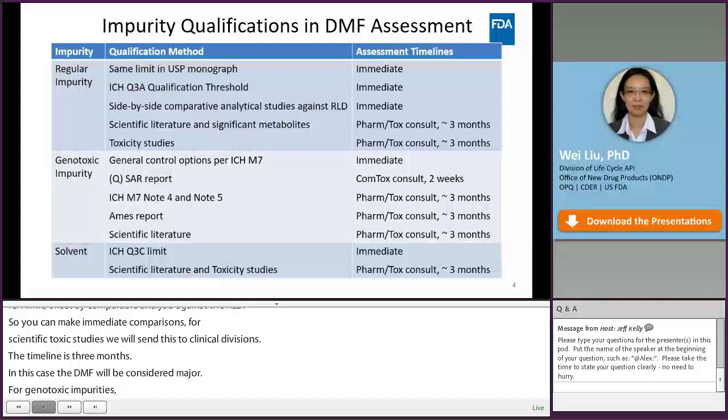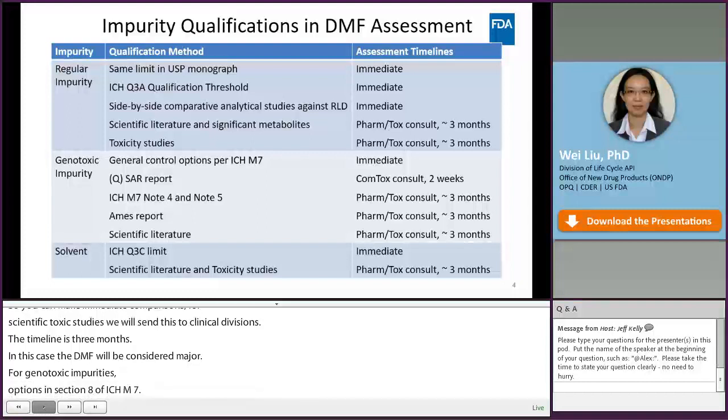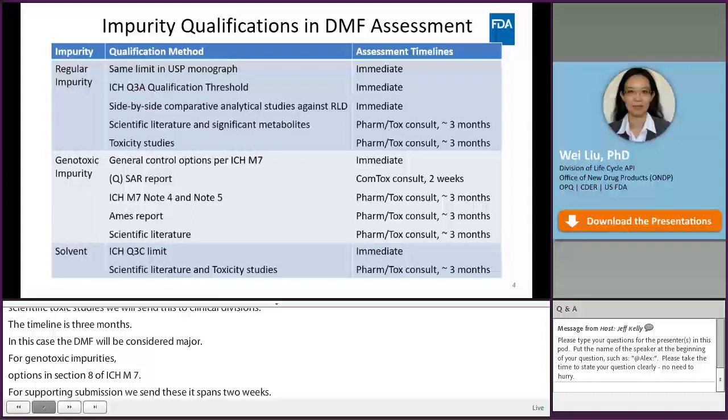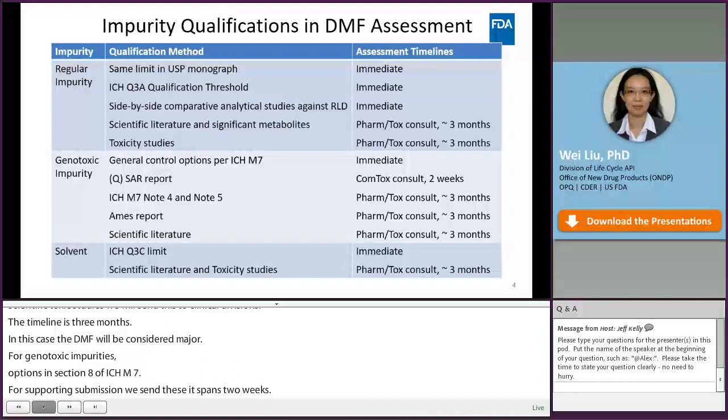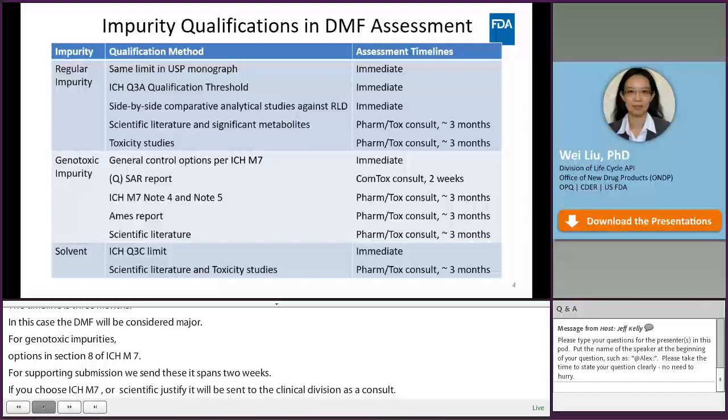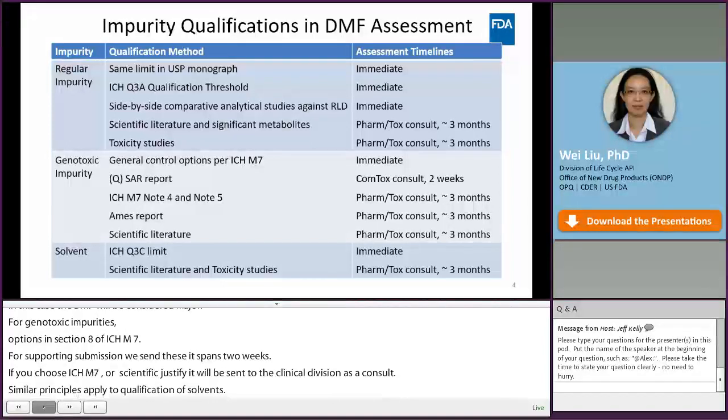If you choose ICH-M7 Note 4, Note 5, Ames report, or scientific literature to justify, it will be sent to a clinical division as a consult, and the amendment will be major. Similar principles apply to qualification of residual solvents. So, based on the impurity levels in your product, you may keep this in consideration when you establish an impurity limit and its qualification method.